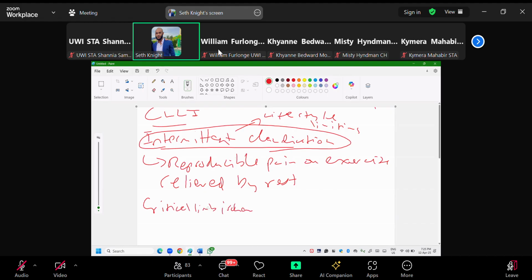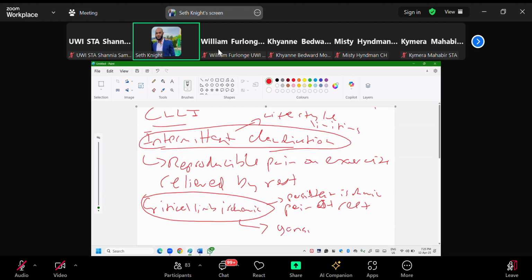Critical limb ischemia is where the patient now has persistent rest pain. Persistent ischemic pain, I should say, at rest. Okay, this is usually associated with gangrene. All right, commonly dry gangrene, which can become wet if it's infected.